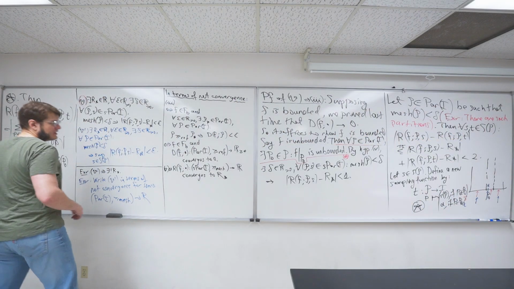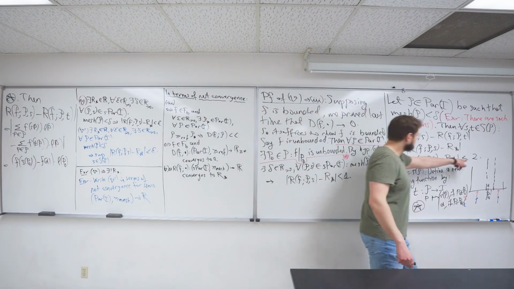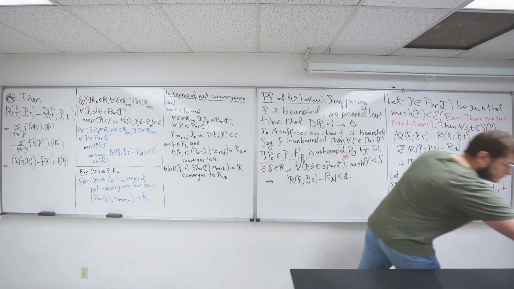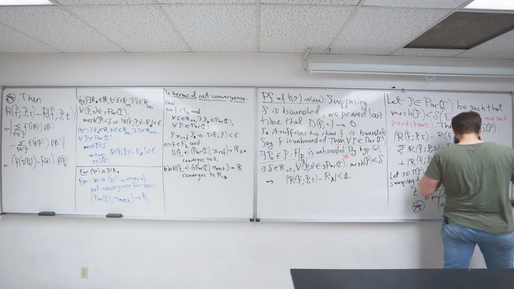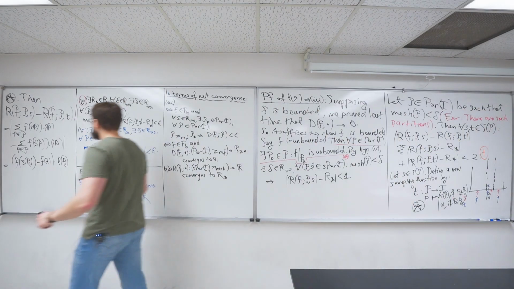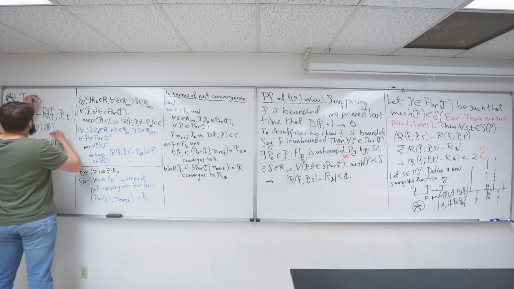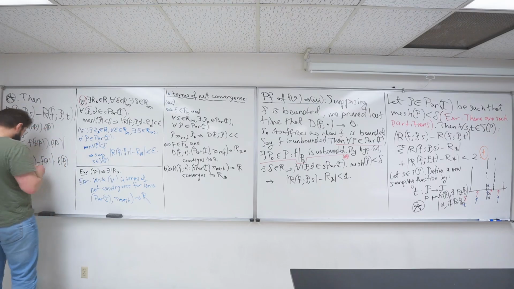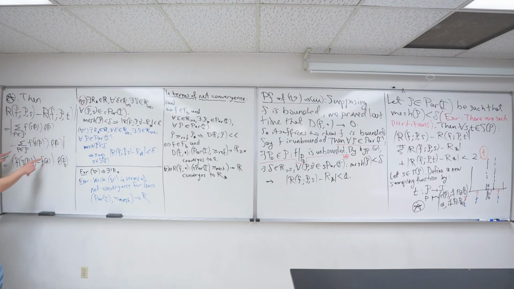And of course, I'm given that this is bounded by 2. I'll write that true, orange dagger. So this is equal to this, which is upper bounded by 2 by orange dagger.